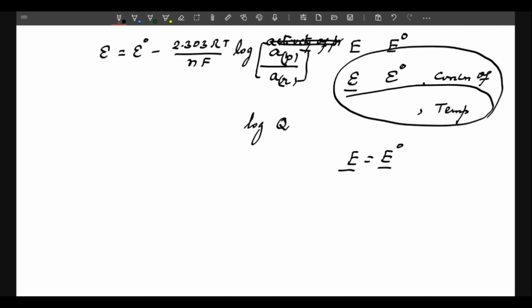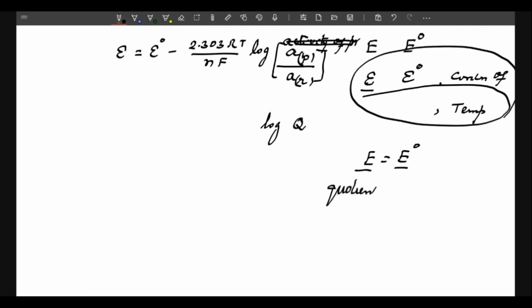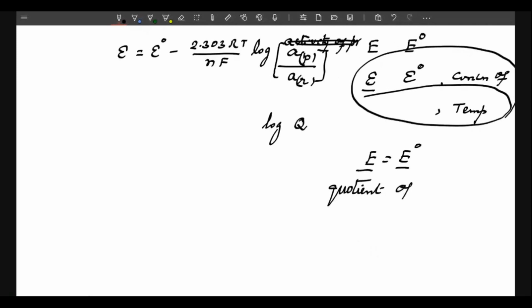Reaction quotient. Q for quotient. Quotient of what? Quotient of activities. For example, A2+ + 2B- giving A + 2B0.